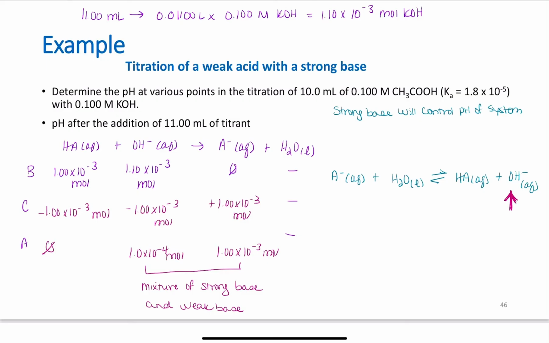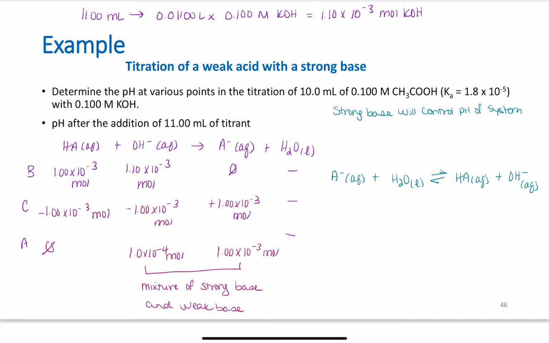Based on Le Chatelier's principle, or the common ion effect, what happens if I increase the concentration of this product? If this system's at equilibrium and I increase this concentration, Le Chatelier's principle tells me it's going to revert back towards the reactant side. That hydroxide is going to react with some of that HA that's produced, forming A-. It's called a common ion effect.